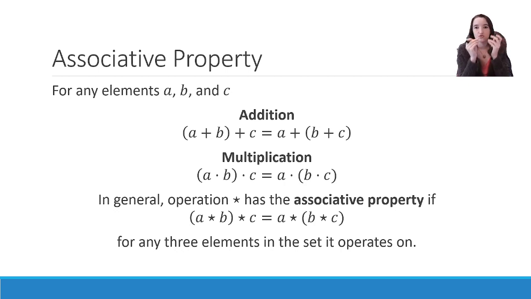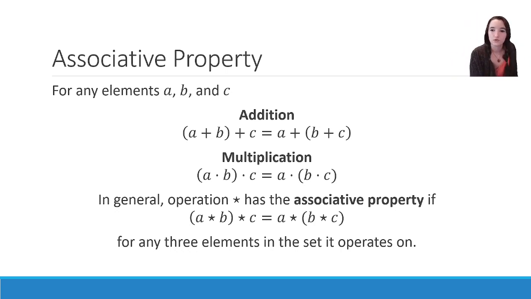If I do this operation between A and B, and then do it to C, versus doing BC first, and then A on the left, this gives me the associative property if these things are equal for all sets of 3 elements within the given set that we're working with.